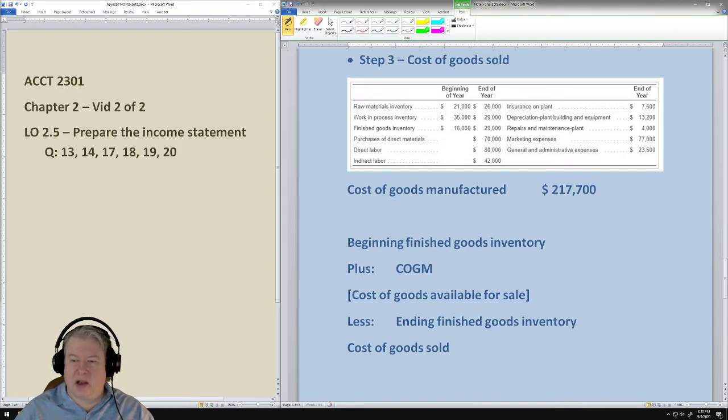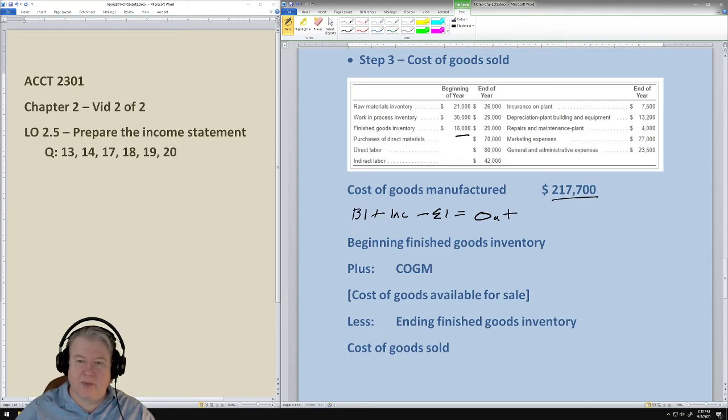And just like we figured in the last section, we're going to carry over our result, 217,700. And just the same again, we're going to have beginning inventory, plus the incoming items, minus the ending inventory, equals whatever the outgoing items are here. So beginning finished goods inventory, well, we have 16,000, right? Plus cost of goods manufactured, which we figured in the last part.